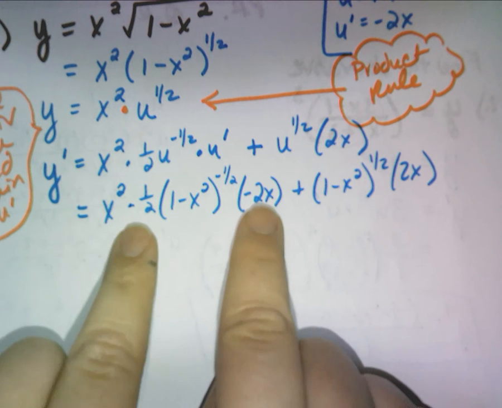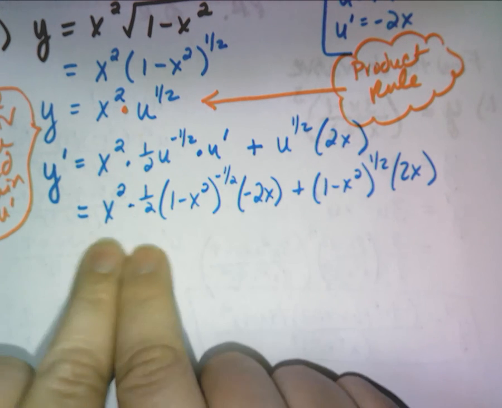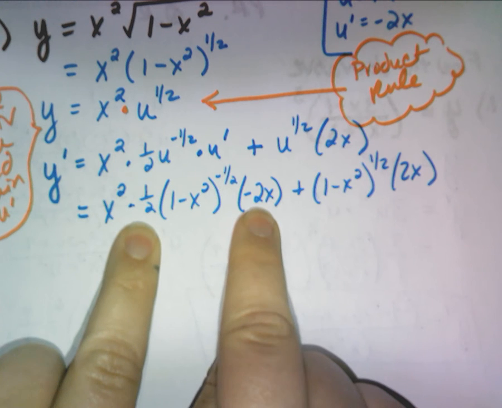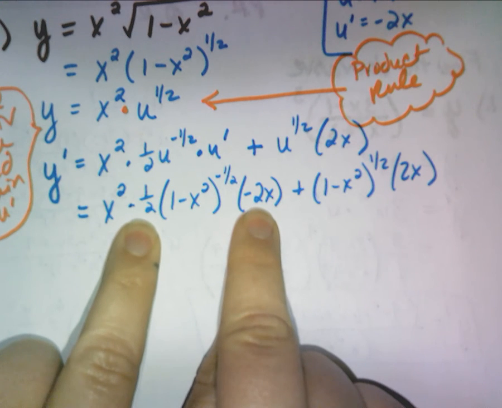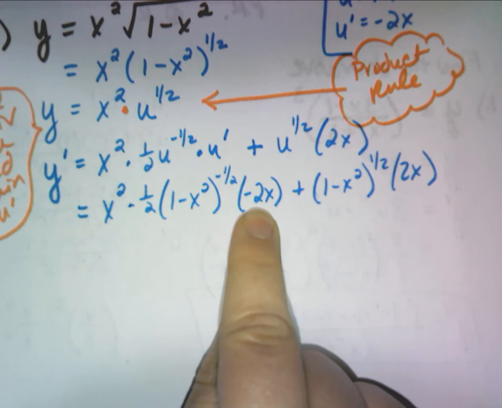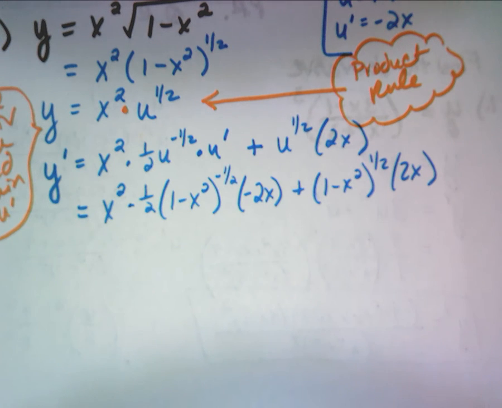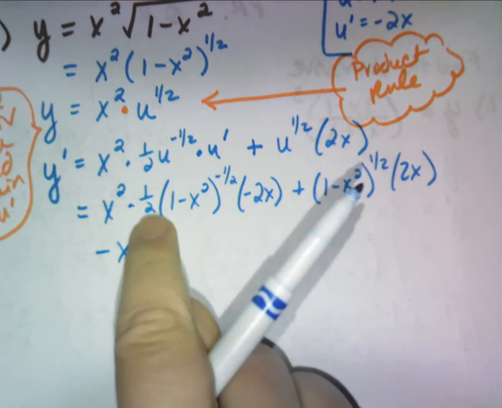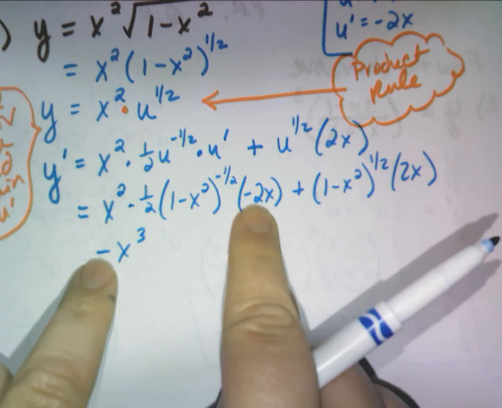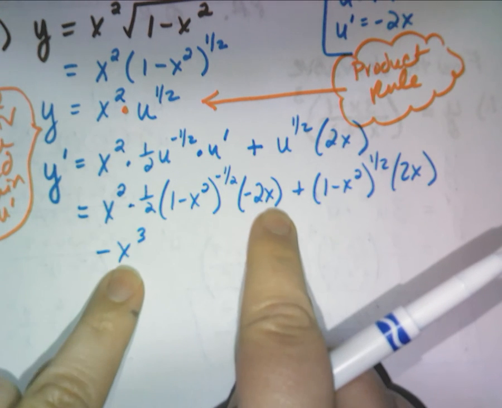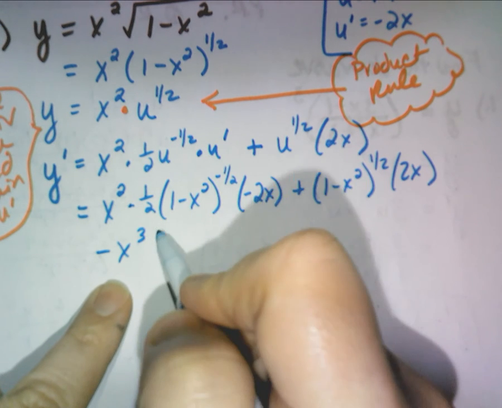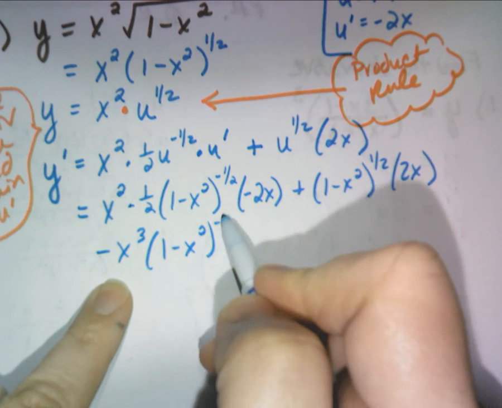What's an x squared times a 1/2 times a negative 2x? Negative x cubed. Half of negative 2 is negative 1, and then x squared and the x make x cubed.